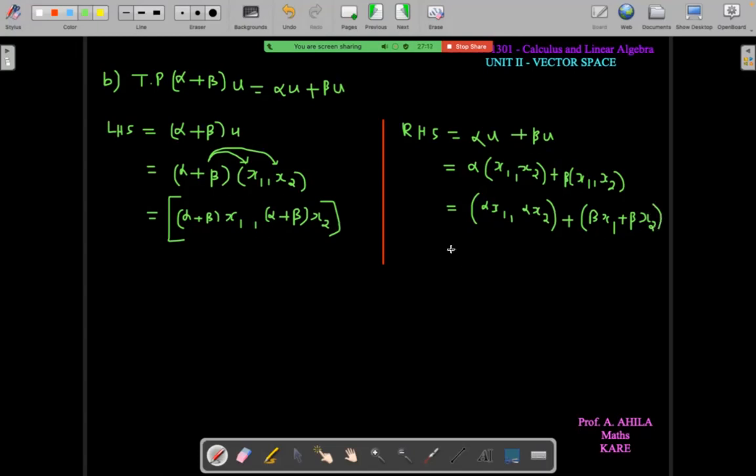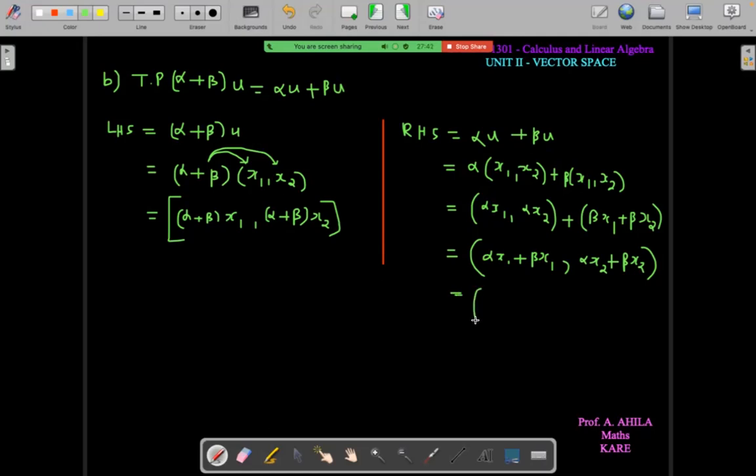Okay, now we add. When we add the first elements, it is alpha x1 plus beta x1, comma, second elements alpha x2 plus beta x2. Now we can take this x1 as common, no?